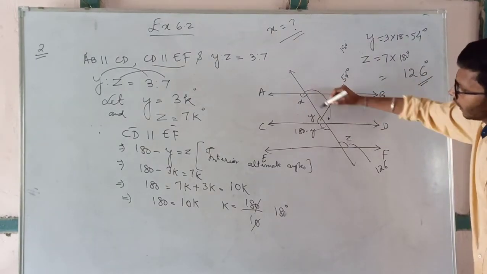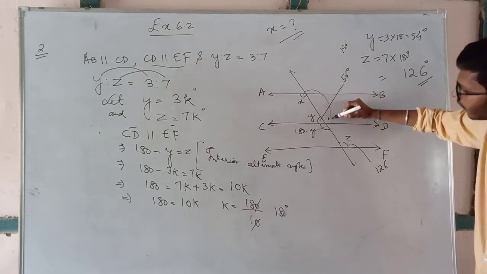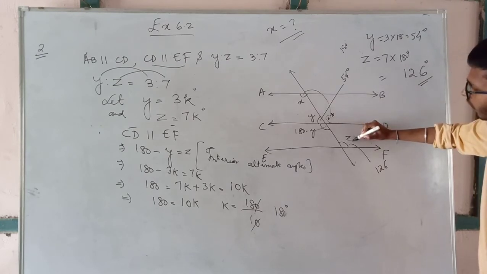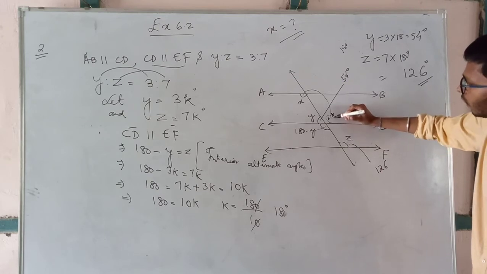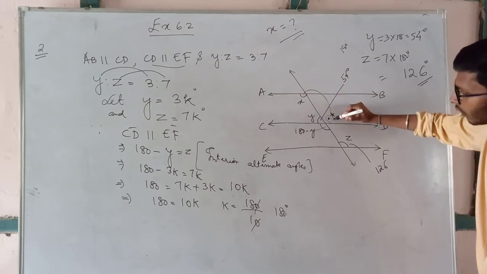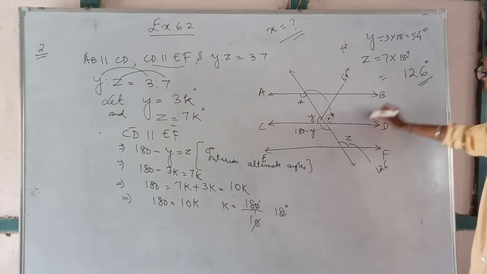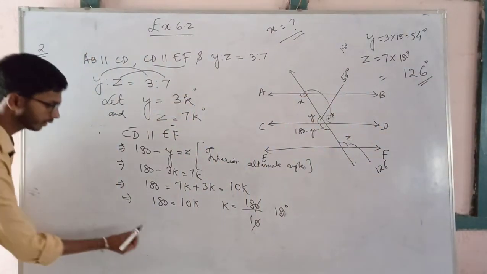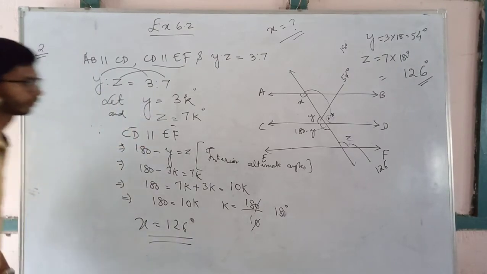See, these two angles are equal because they are interior alternate angles, and this angle is equal to this angle as because these are corresponding angles. So x is equal to this angle, okay, and this angle is equal to this angle, that is z. Z is how much? 126. So directly we can write x equal to 126 degree.